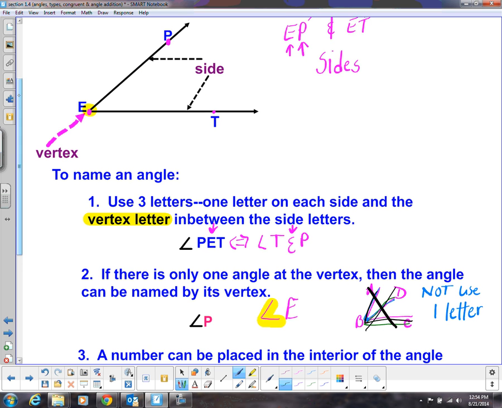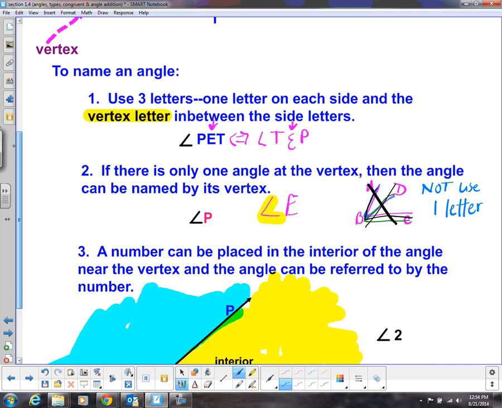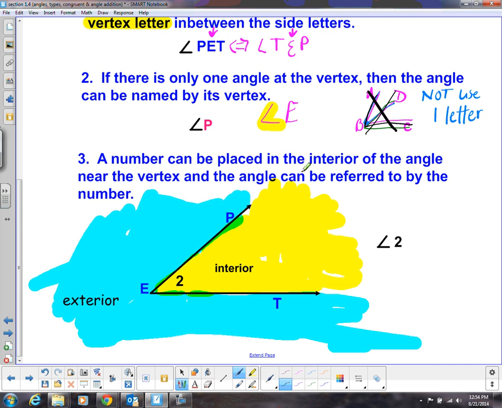Now, the third way that you can name an angle is if there is a number placed in the interior of the angle. And we've got to define that word or show you what that means. A number can be placed in the interior of the angle near the vertex, and the angle can be referred to by that number. So notice there's a 2 here. I can refer to angle E, which we already said we could call it, as angle 2 because of the 2 that's right here.